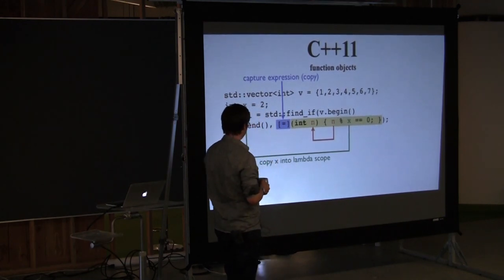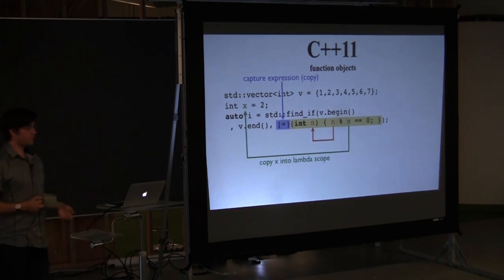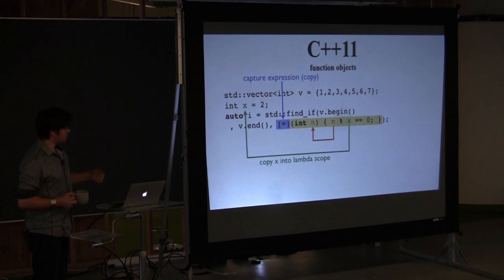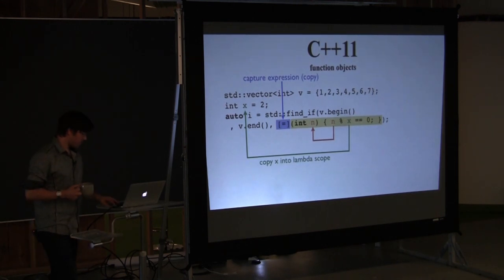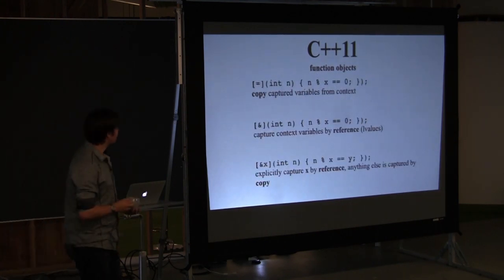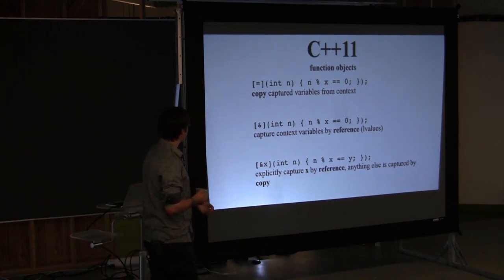The capture expression is an interesting part, because by default, most of the time, you probably want to capture things by value or by copy. But sometimes you don't, because that's how C++ rolls. Sometimes you want to do more complicated things, so you can say a bunch of different things within the square brackets.